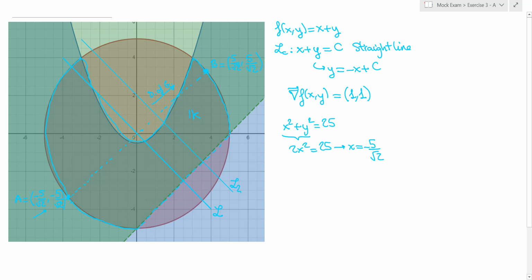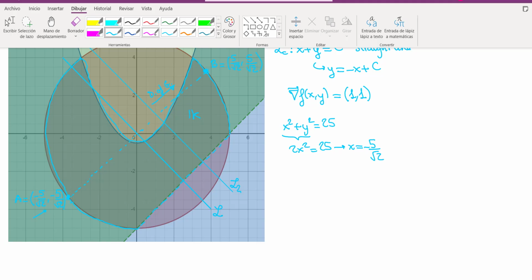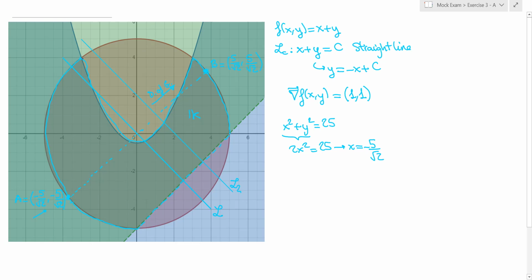Okay, and now there are some other points which are important. Well, this would be clearly a global minimum because it's included in the region, and it's the value corresponding to the level curve with the lowest value, and this would be the global maximum.